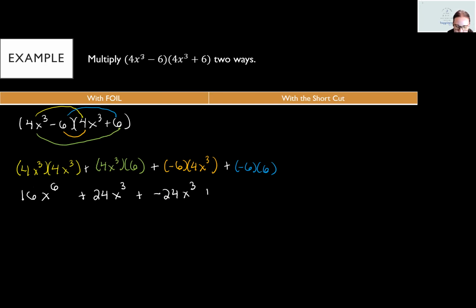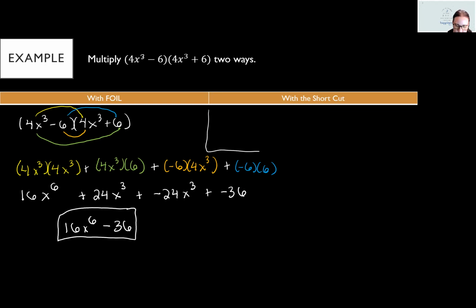And then negative 6 times 6 is negative 36. So your middle terms will cancel out. And we will get 16x to the 6th minus 36. And that's with FOIL, showing every single step here.